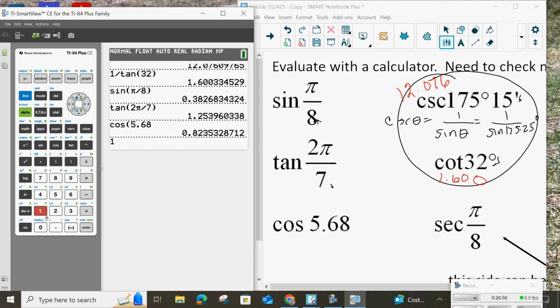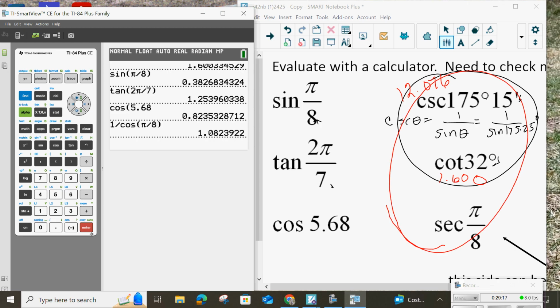Not 1 over sine, 1 over cosine. 1 over cosine of pi over 8, 1.024. Remember, 3 decimals. Is that nice and easy? Whether you're in degree or radian, this is the harder side where you got to make sure you're using your reciprocal function.